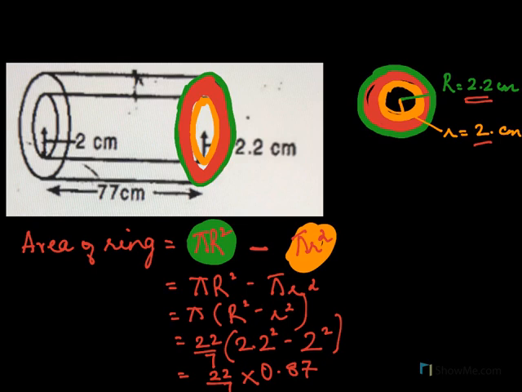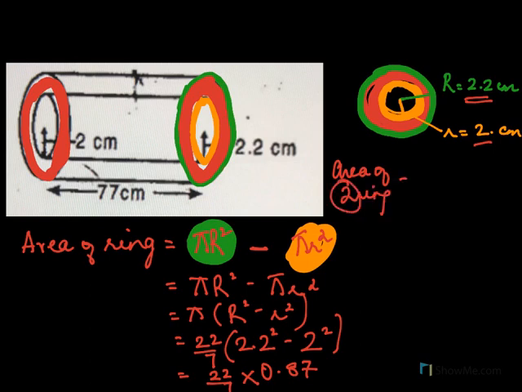Now remember, we have two such rings. We have one on this side and the other one is on this side. The same situation we have here, two rings. So basically now we need to find the area of two rings.